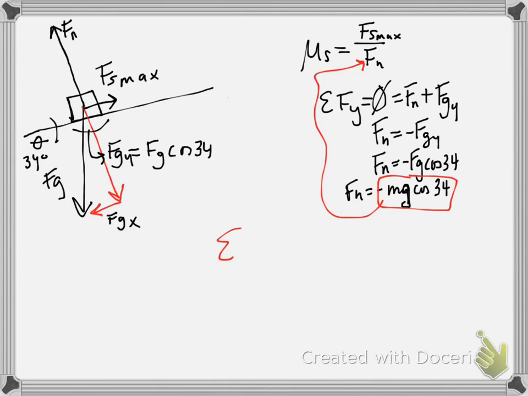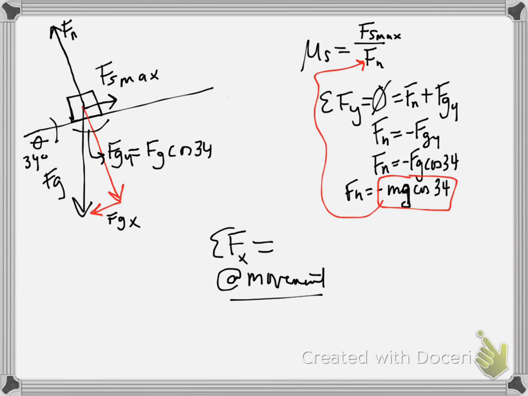So let's look at the x-axis, because that's where the force of static friction is going to exist. On the x-axis, what we know is that at the moment that the thing starts to move, so we're going to write at movement, because we want to remind ourselves that this is at one specific moment in time.